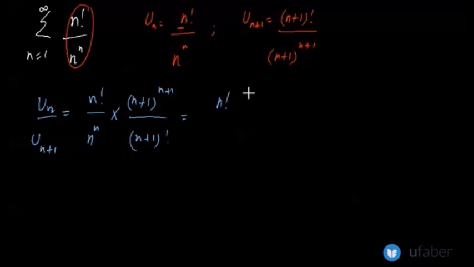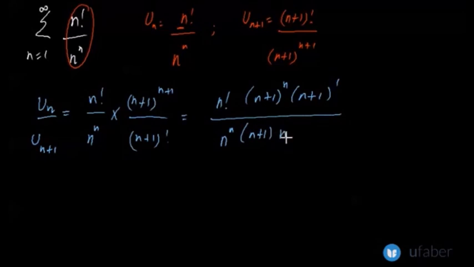You would get n factorial into n plus 1 into power n into n plus 1 to power 1, that is simple exponential law, divided by n to power n into n plus 1 into n factorial. Now n factorial gone, n plus 1 gone. So after manipulation you are left with n plus 1 by n to power n.